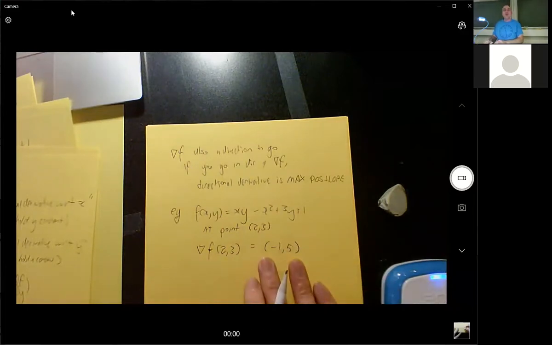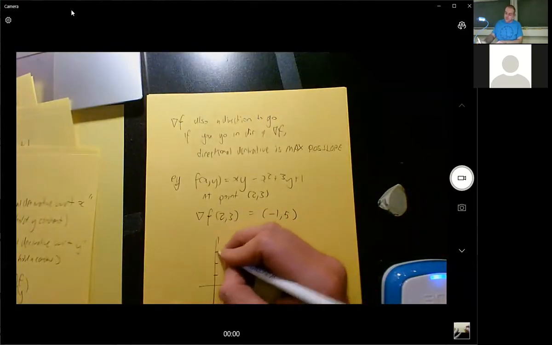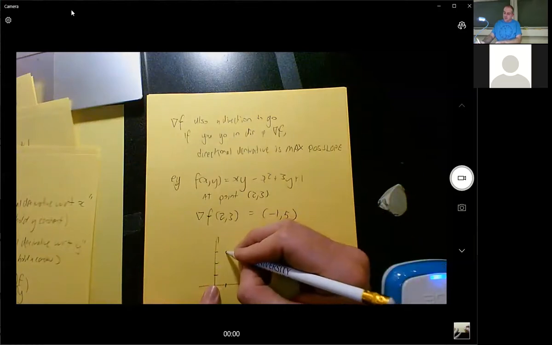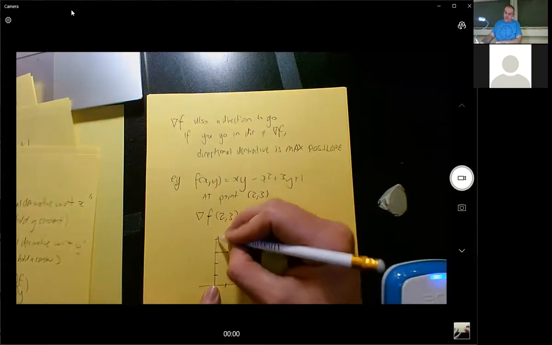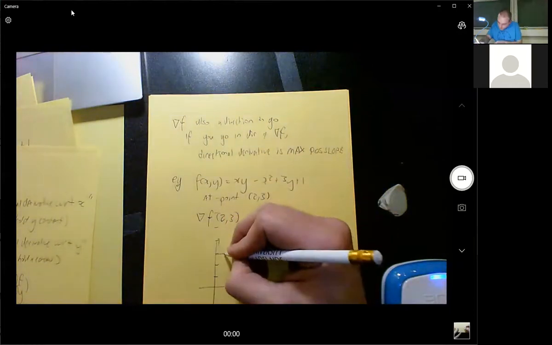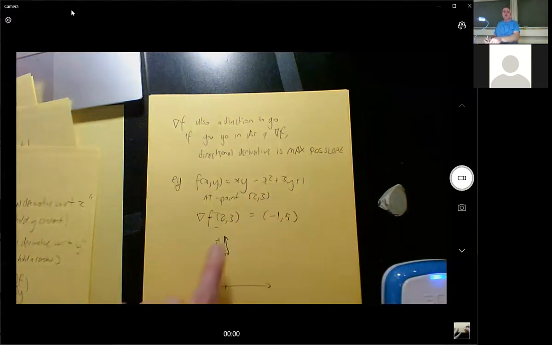If I go in the direction of minus 1, 5, minus 1 for x and 5 for y, that direction.